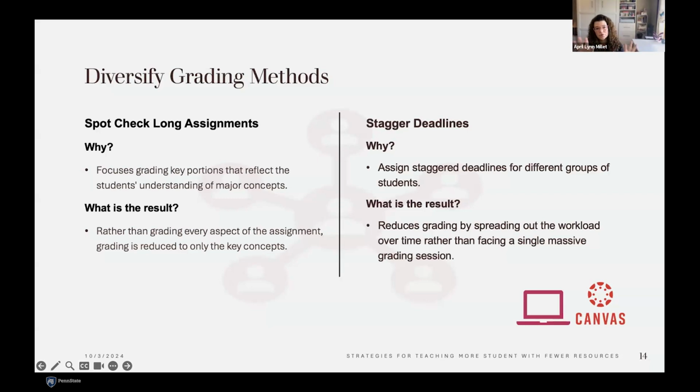I know those two are a little bit out there, but we have used both of them in a couple of different classes. The staggering deadlines one was used in one of my classes, and it worked very well because the entire course was just a bunch of different topics related to climate change. The faculty member just split the students into a bunch of different groups.